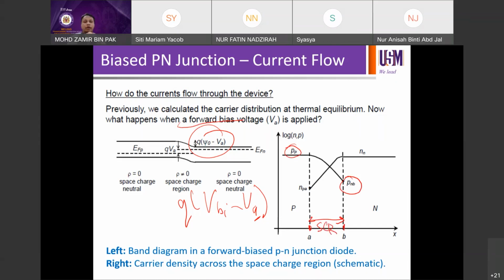If you want to imagine the fixed charges: since the left hand side is the P side, what polarity of the fixed charges do we have in this region? Now we're talking about fixed ion charges in the P side.